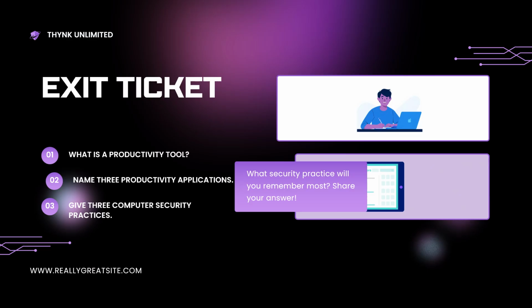So when answering, don't just memorize the example. Think about the purpose. For the computer security questions, ask yourself, is this action protecting my account or information? So let's see how much you remember, okay?